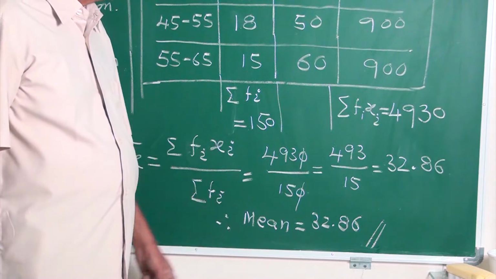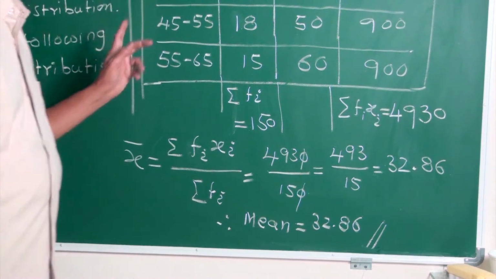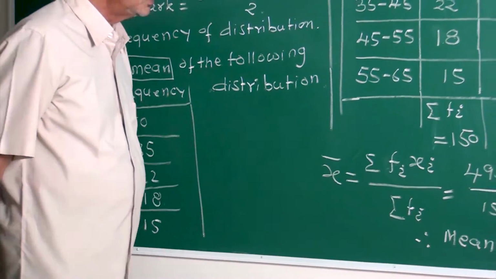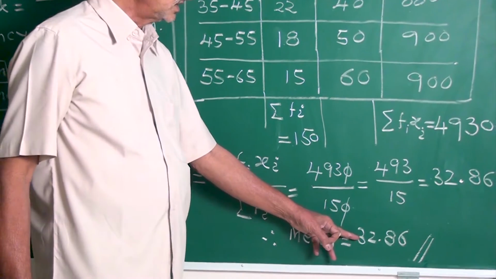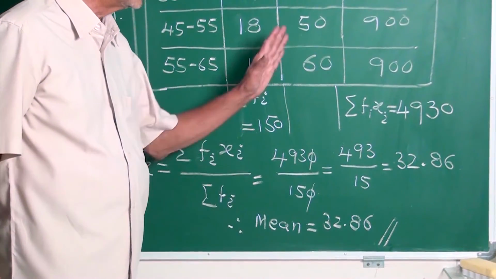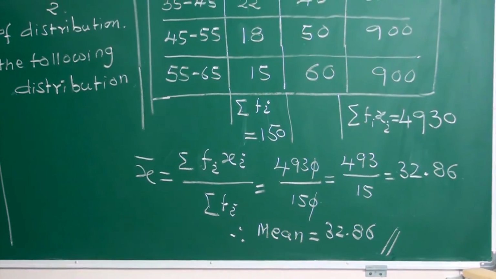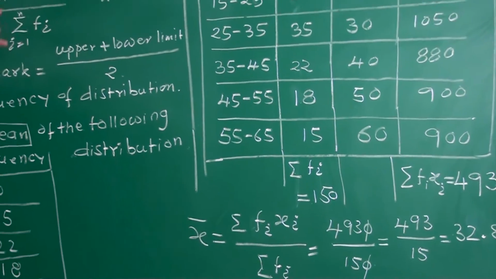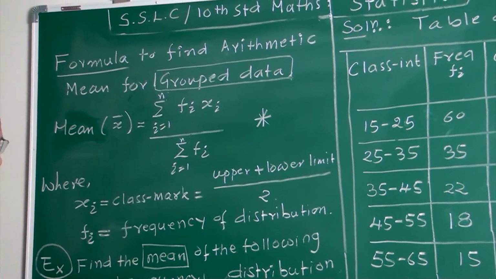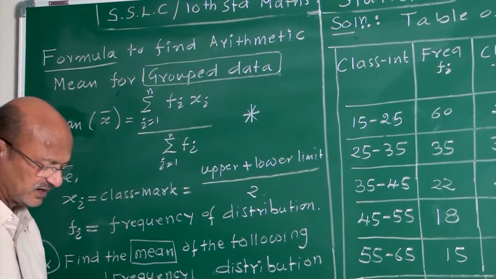Therefore, the mean of this frequency distribution is 32.86, my friends. This is the method to find the mean in case of grouped data. Yes, my friends, I hope it is clear.